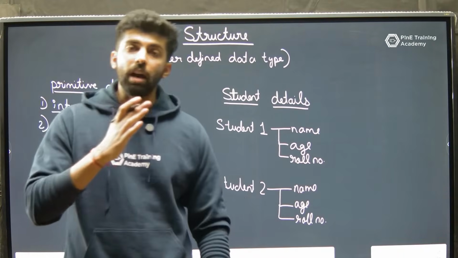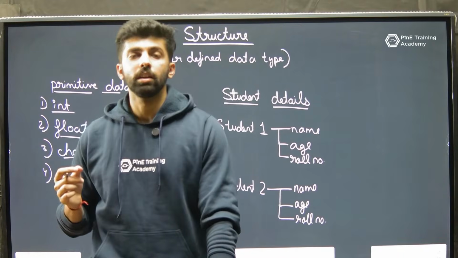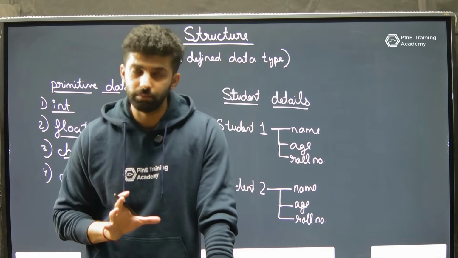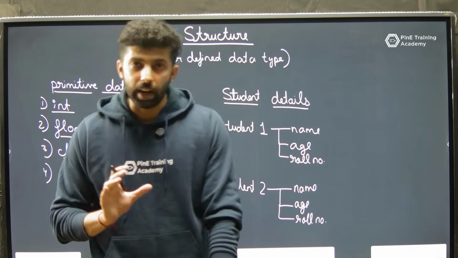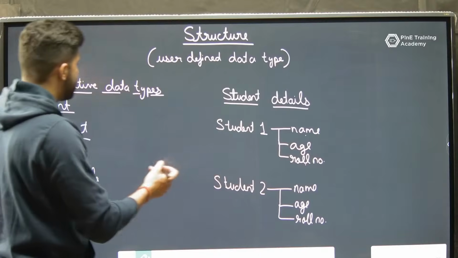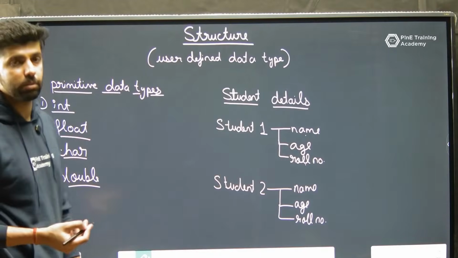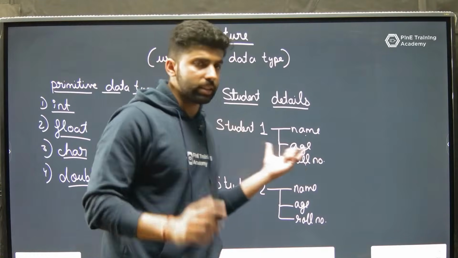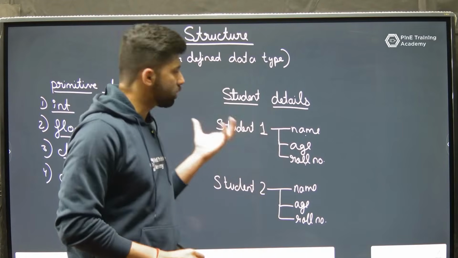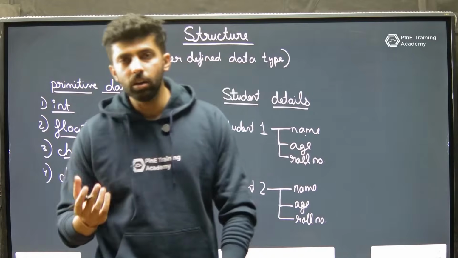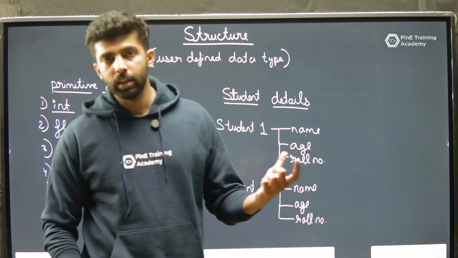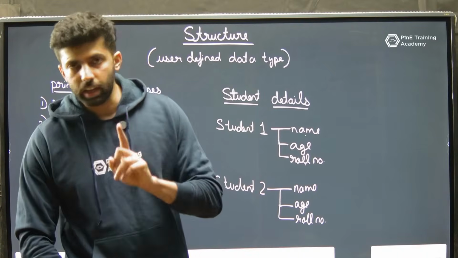And suppose you have 1000 students, so you will have 3000 variables to handle in a code, right? If you store these things individually using these primitive data types, then a single student will have three variables. So suppose student 1 name is Rahul. So Rahul's name, Rahul's age, Rahul's roll number. Three variables for one single student.